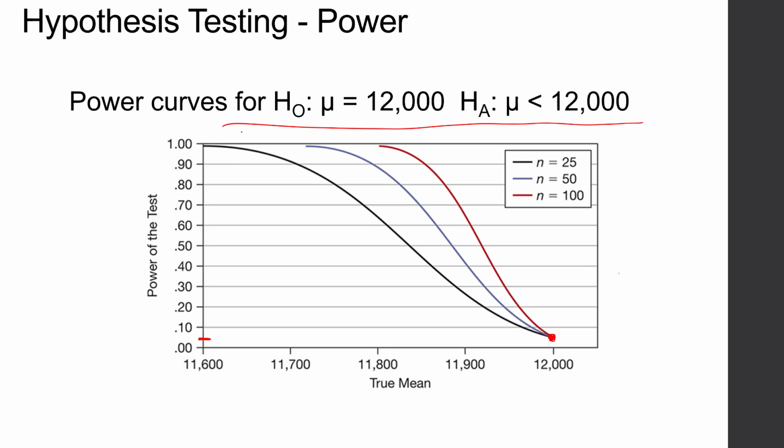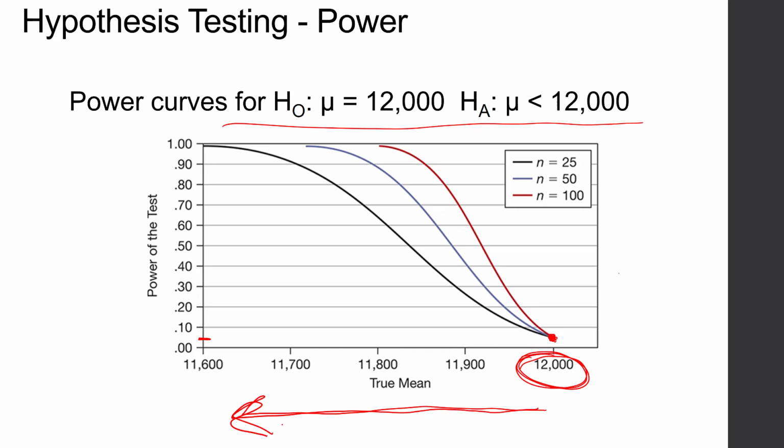I know it's a less than alternative hypothesis because I'm only considering values for the parameter that are less than my null hypothesized value of 12,000. So the power curves come together and begin at the null hypothesized value, which is 12,000. I can tell that the alternative is less than because I'm only considering values less than 12,000.